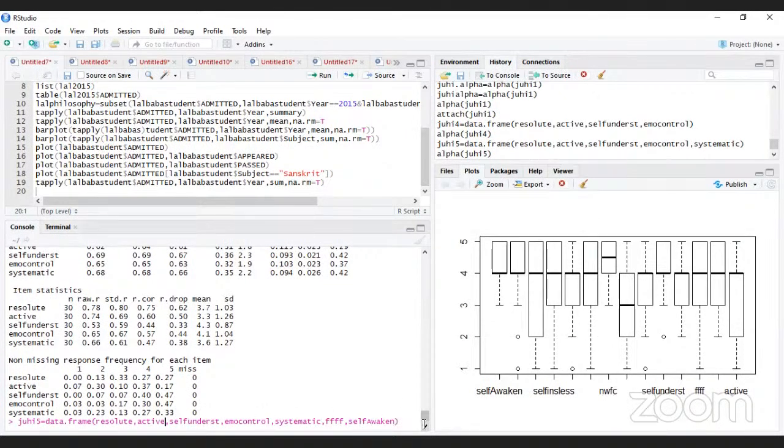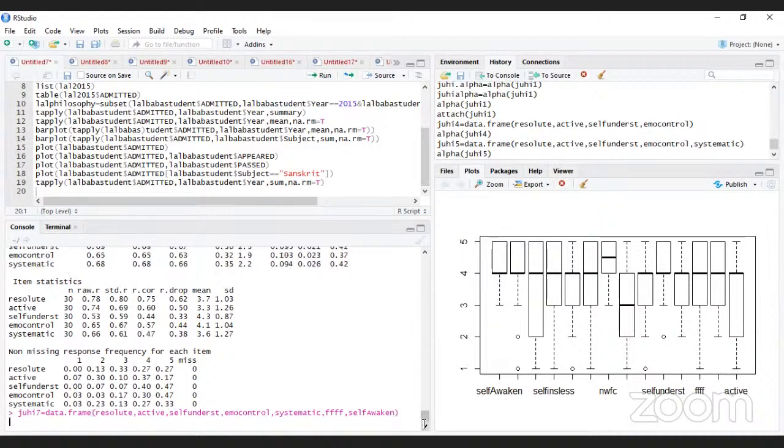So I have taken at least the 1, 2, 3, 4, 5, 6, 7. So at least 50% cover. So now I want to check what is the alpha value.